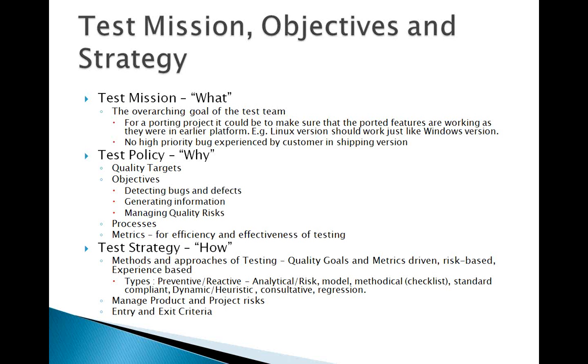Risk based could be another one. That is, you classify each and every item in terms of the risk associated, and there are various techniques to measure the risk associated with different items, and then accordingly you prioritize the test execution activities.